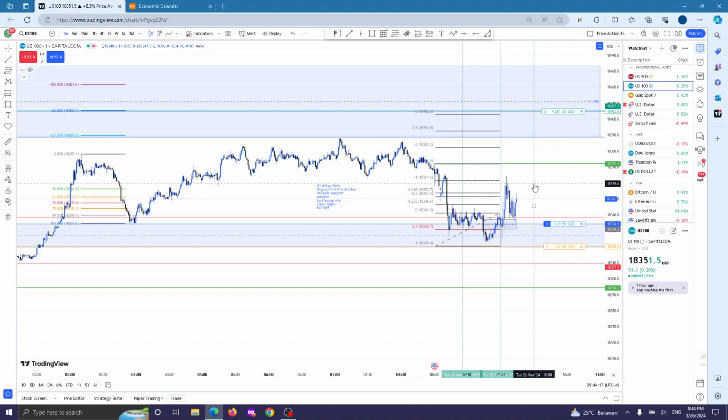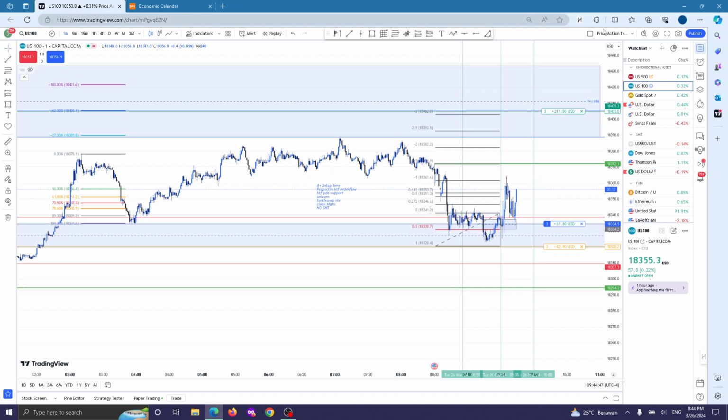Because we have 10 a.m. news. Once price takes this high, the news will put volatility to push price higher instead of going down here. Honestly, really sexy.